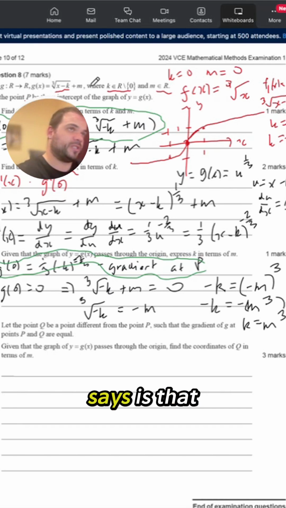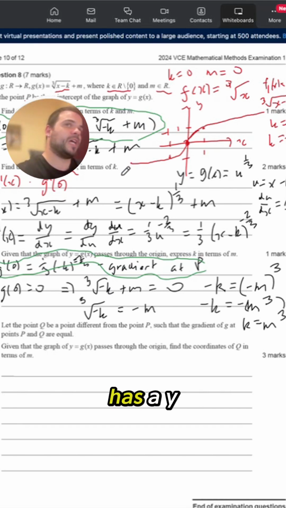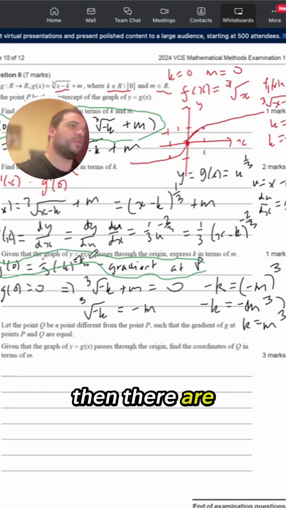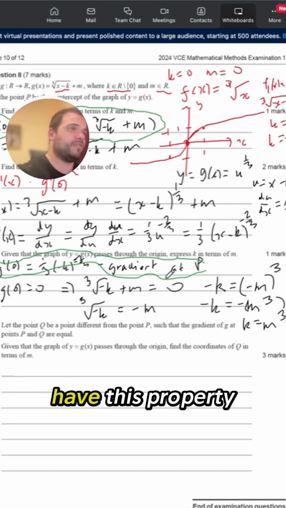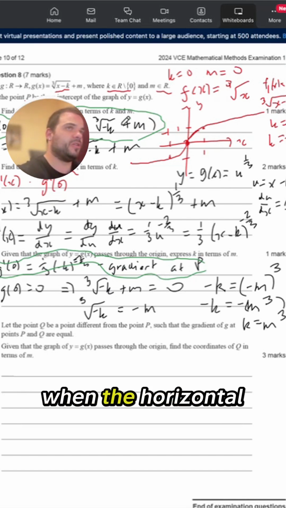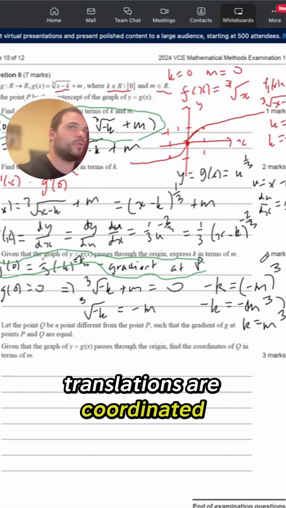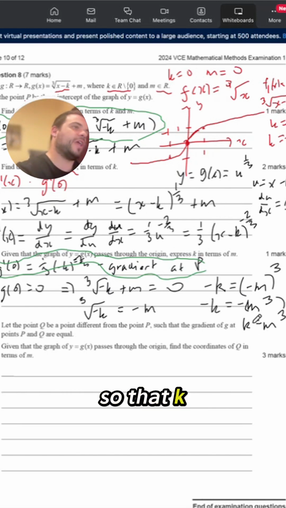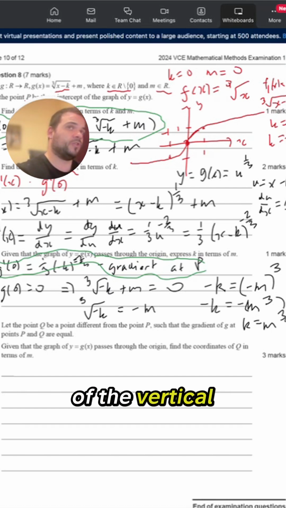So what this says is that if our graph g of x has a y-axis intercept which is also the x-axis intercept, passing through the origin, then there are lots of cube root functions that have this property, but that only happens when the horizontal and vertical translations are coordinated so that k, the horizontal translation, is the cube of the vertical translation, m.